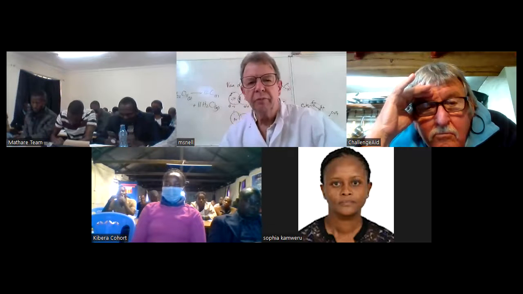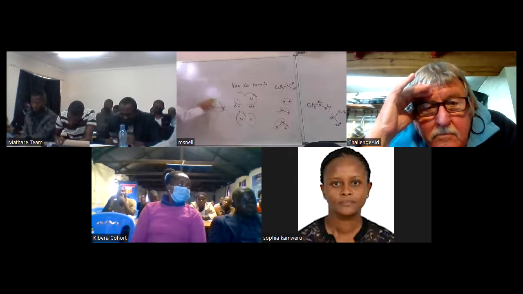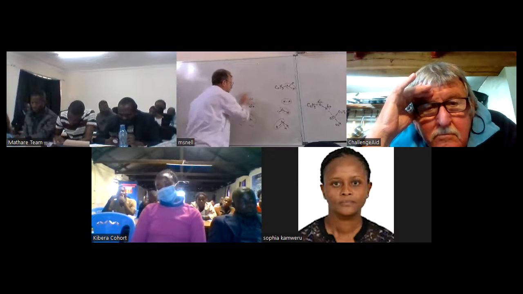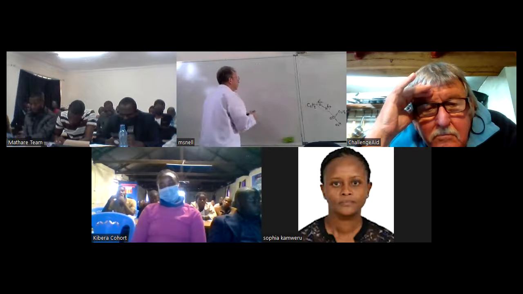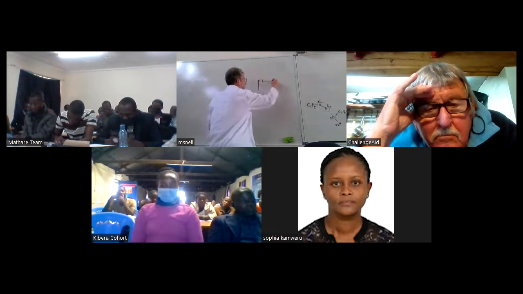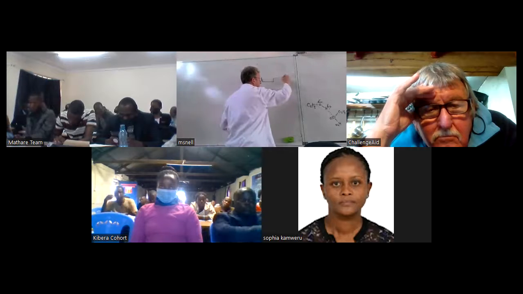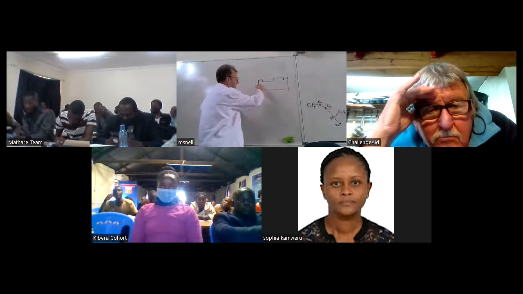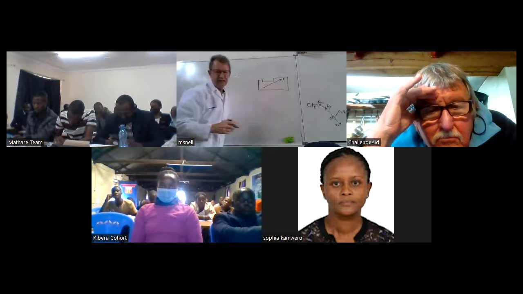Let me just do it on the board briefly. If we look at the periodic table, the most electronegative elements are up here, fluorine at 4, and the least down here. So electronegativity increases in that direction.